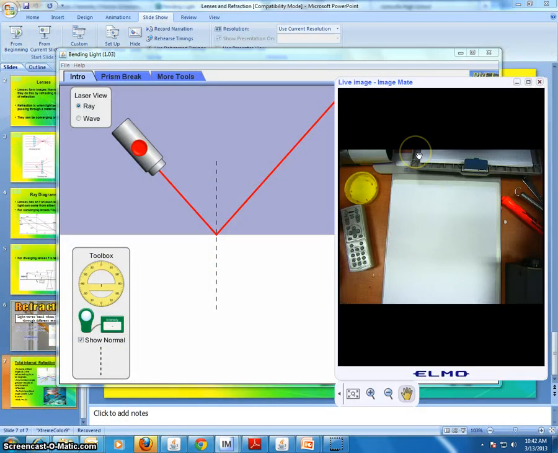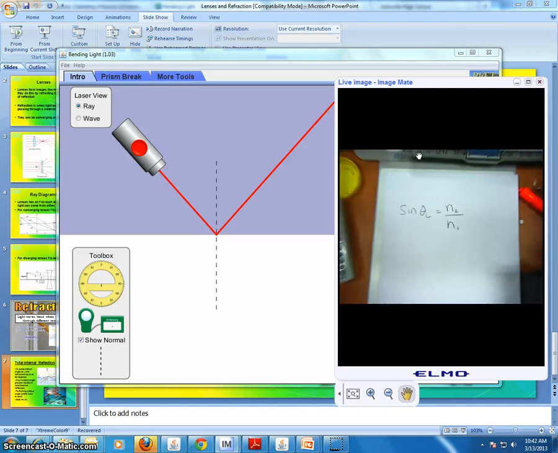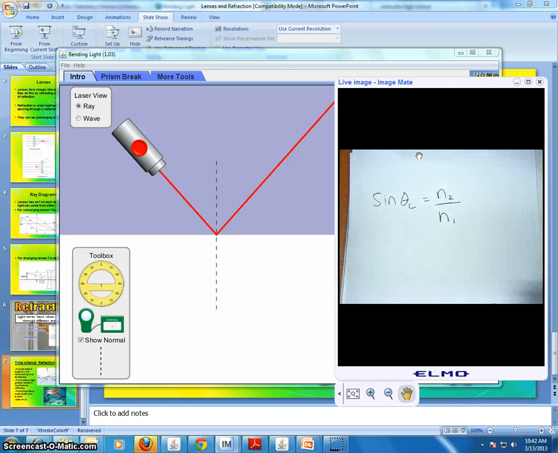Remember the equation: the sine of the critical angle is equal to the ratio of n2 over n1. Let me zoom in a little on that. I want to know the critical angle at which internal reflection will happen.